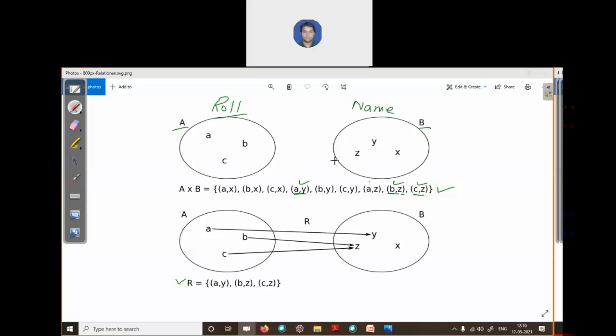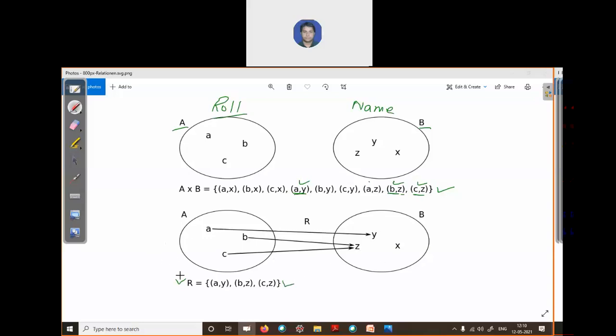We're talking about students. So A, B, and C are three roll numbers, and X, Y, Z are the names of students. The name of student Y has roll number A, and the student with roll number B is also named Z, and C is also named Z. It's possible. So this is making one relation R.